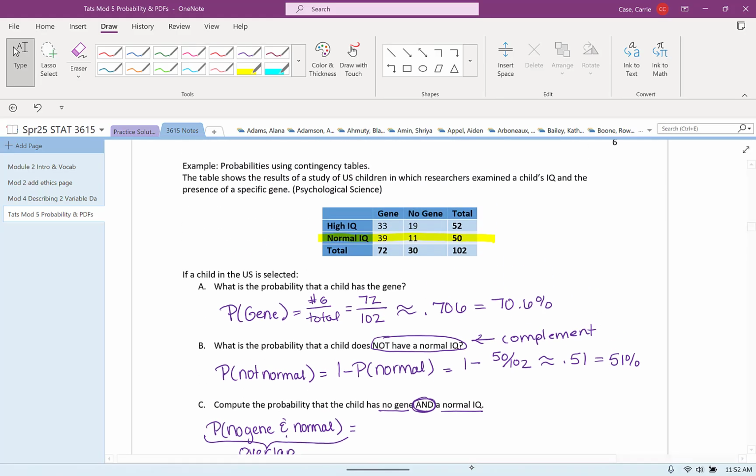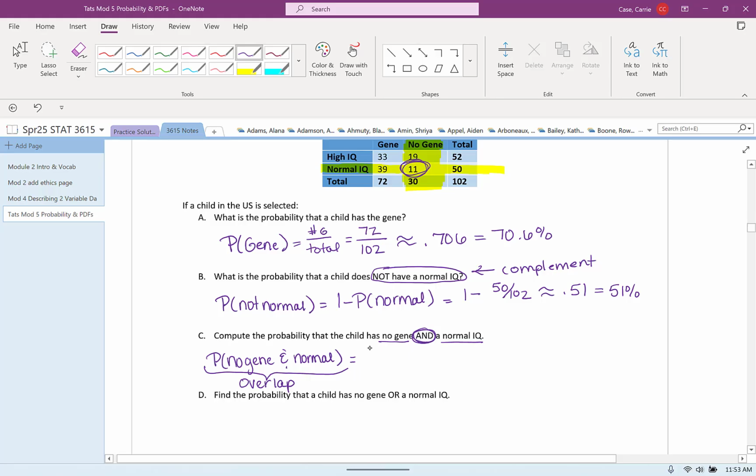So let me erase my marks on my contingency table. The no gene group is in the second column. There are 30 of those. And the normal IQ group is in the second row, and there are 50 of those. And the place where those overlap has 11 children in it.